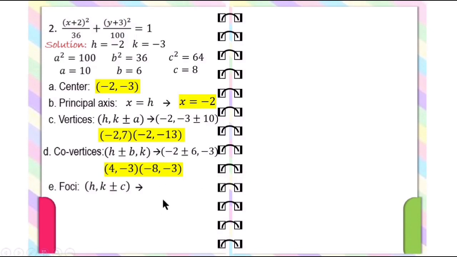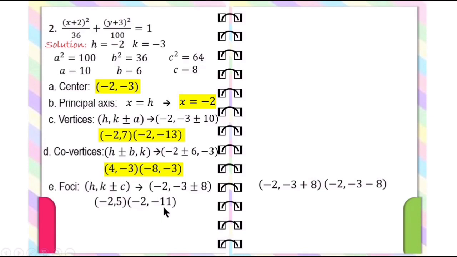The foci are -2, -3 plus and minus 8, which are -2, -3 plus 8, and -2, -3 minus 8. These are equal to -2, 5, and -2, -11. Copy -2 and simplify -3 plus 8, which is 5, and -3 minus 8, which is -11.